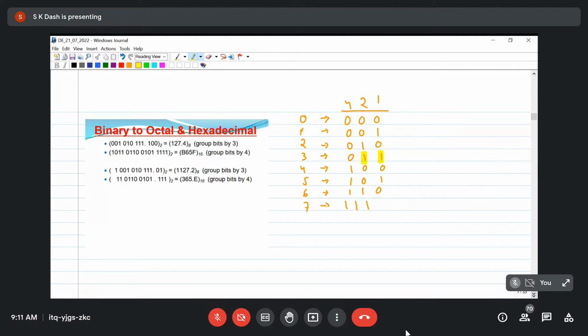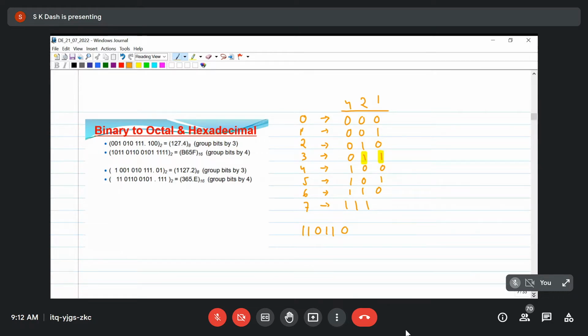Now, if you want to convert binary into octal, tell me any binary number of 10 or 11 bits. Any example? 110110. Suppose we want to convert this into octal.